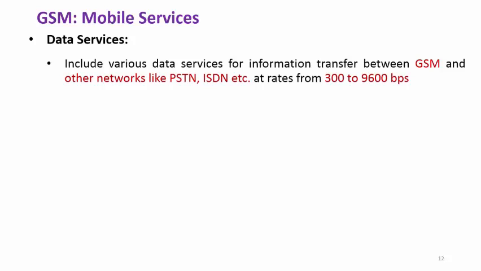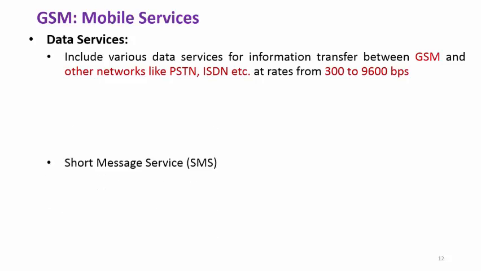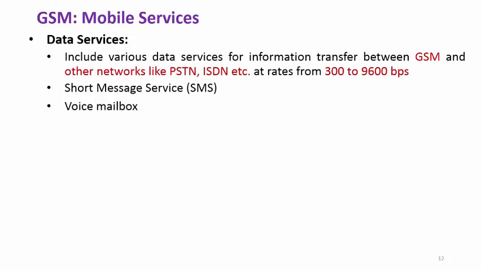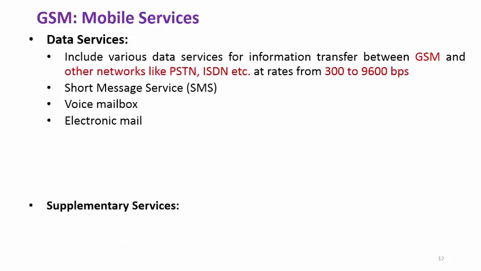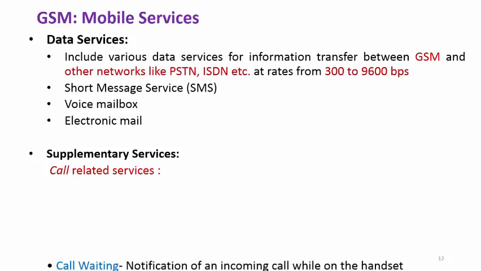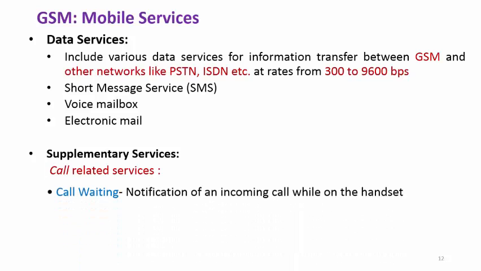Then the data services, which include various data services for information transfer between GSM and other networks like PSTN or ISDN, with a data rate of 300 bits per second to 9.6 kbps. Short message service, voice mailbox kind of service, email service. So these are the data related services offered by GSM.